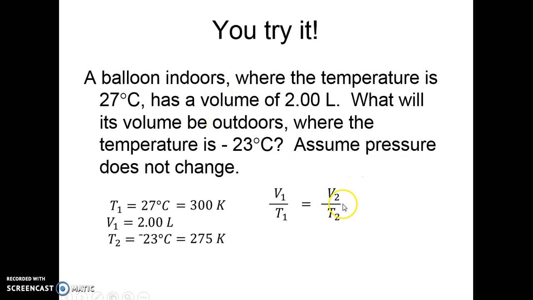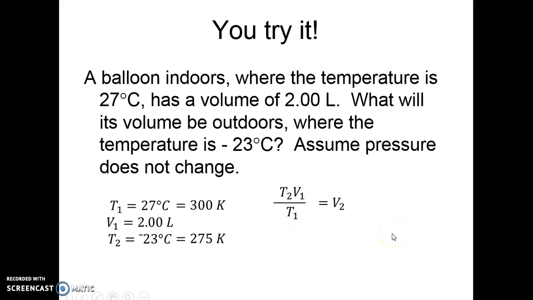I need to get V2 by itself, so I have to get rid of T2. T2 is dividing into V2, so I have to multiply both sides of the equation by T2. There we go. T2 now cancels out, and I get V2 equals V1 times T2 over T1, like that.